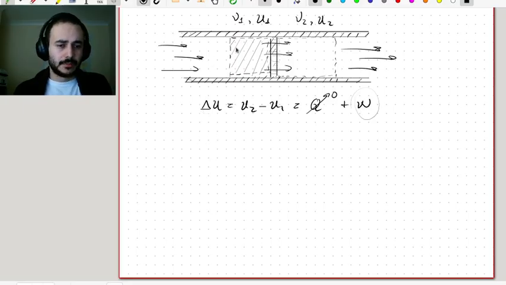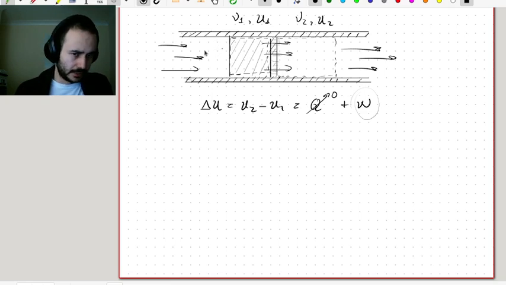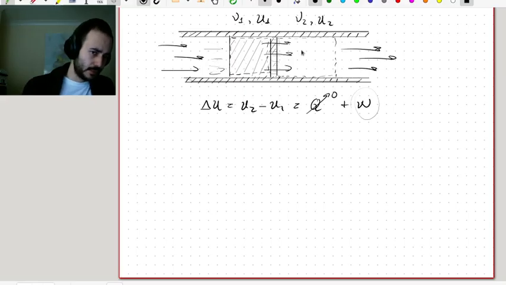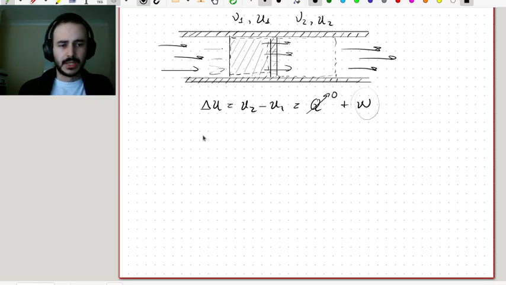First of all, consider that this system that we are delimiting here is being pushed by the gas that comes after it. And this gas that comes after is pushing until all the gas goes through the obstacle. This means some work is being done on the system. And how much work is that?